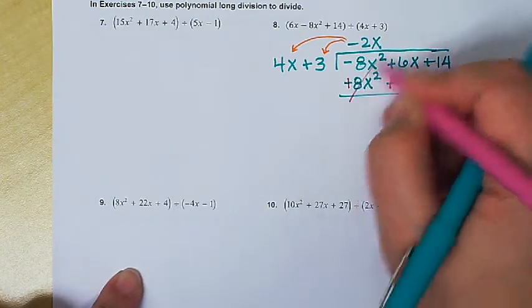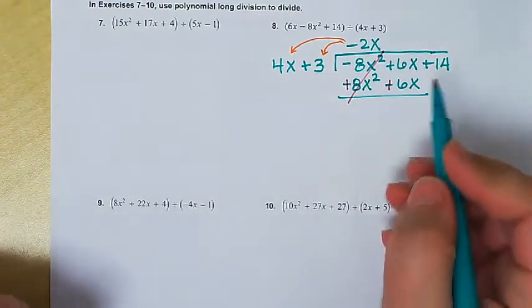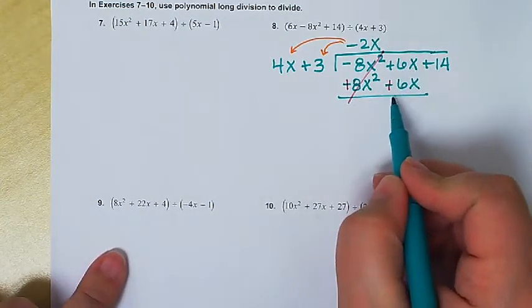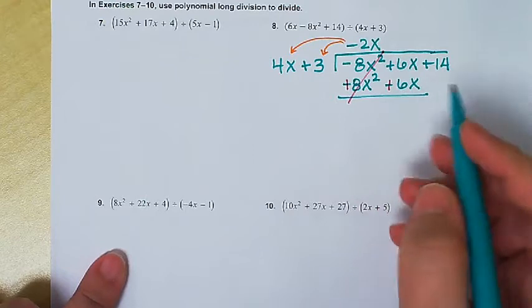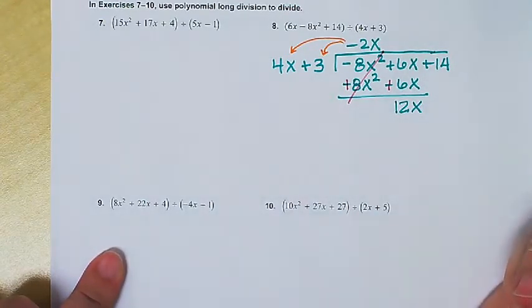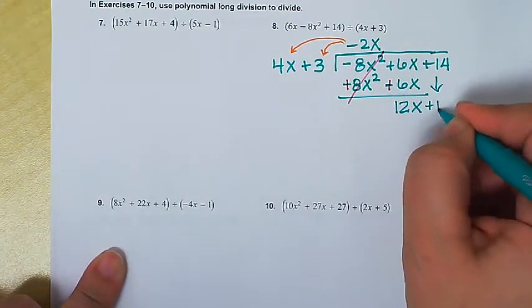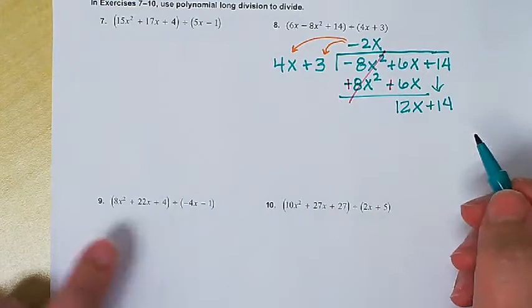Then when I combine now, these guys cancel, which again is a good indicator that you're on the right track. Here we get 6x and another positive 6x. That's going to add up to a total of 12x. Okay, and then we'll bring down the next term, and if possible, we'll start again.